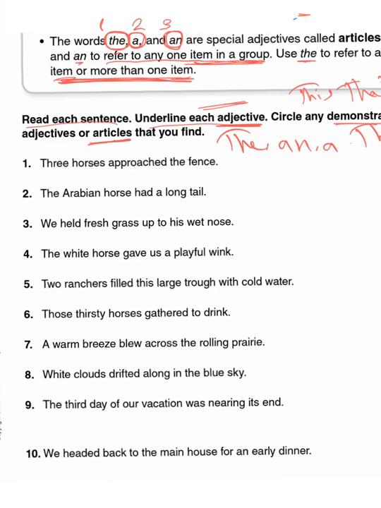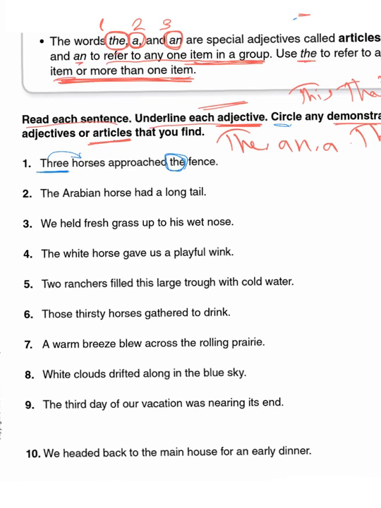The question says underline it, so we'll underline 3 because it's an adjective describing the noun horses. The fence: fence is a noun, and it's modified by an article, which is the. So what shall I do with it? They said circle. So I will circle the.